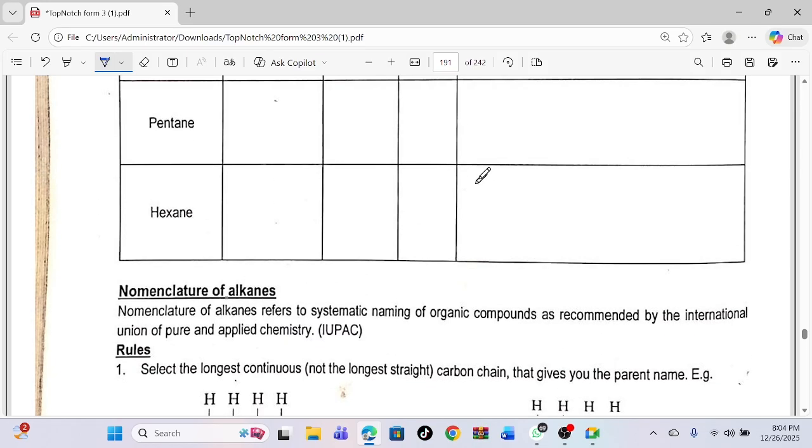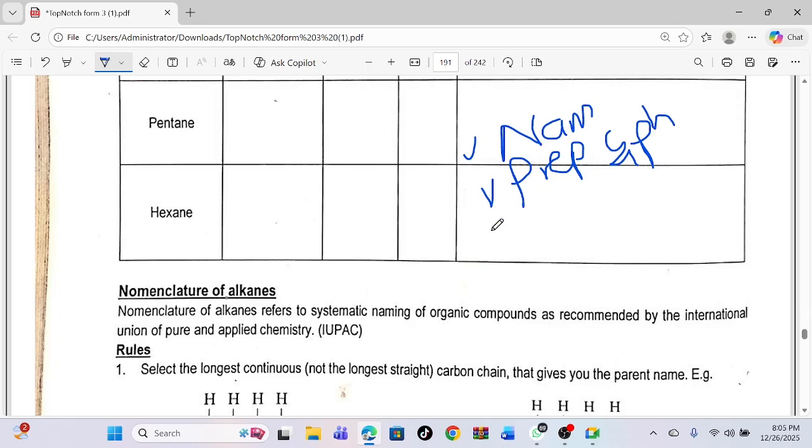Talking about naming, how do you name it? Number two is the preparation and physical properties. And number three is chemical properties.